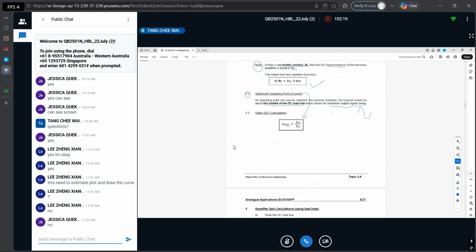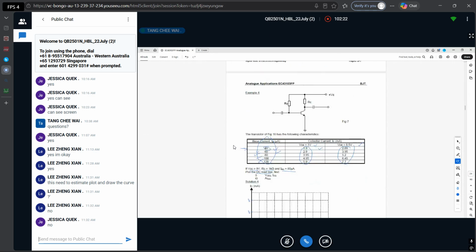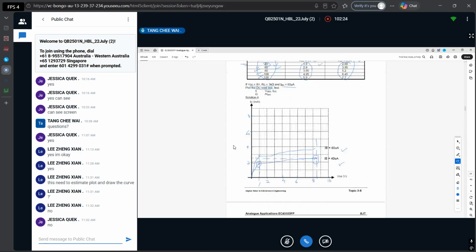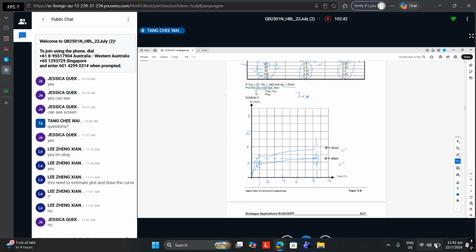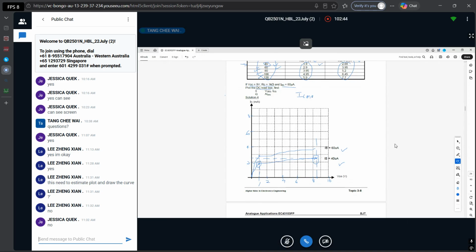Can someone tell me what is my VCC? 9 volts, right? So I write IC max. IC max equals what? VCC over RC, right?